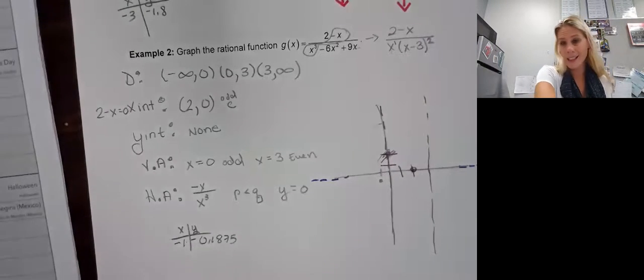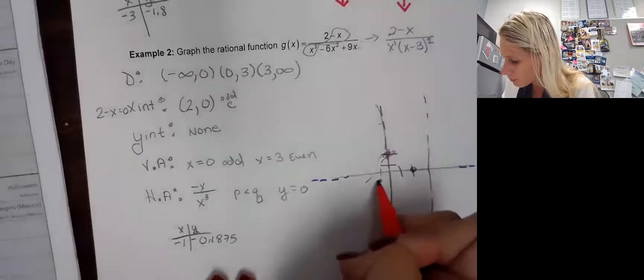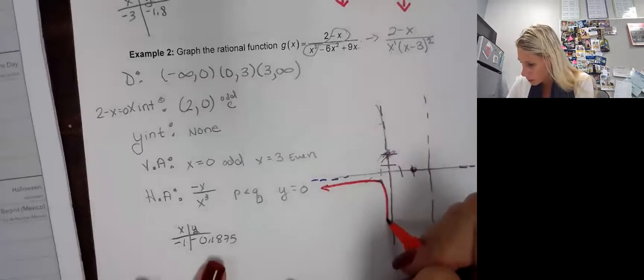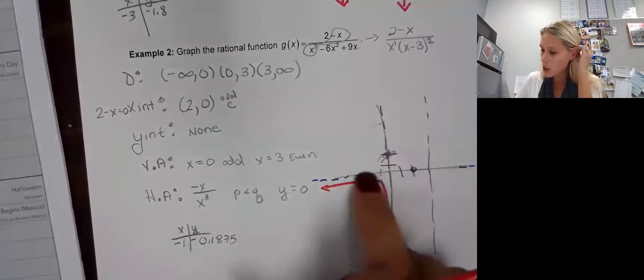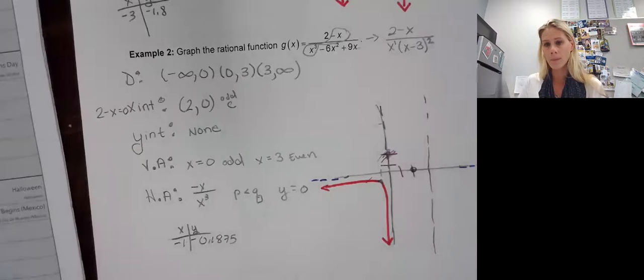So what does that tell us? Well, there's no other x-intercept here, so it must go close to the horizontal and must go close to the vertical. Okay, again, because there's no x-intercept here, we know it has to stay under.